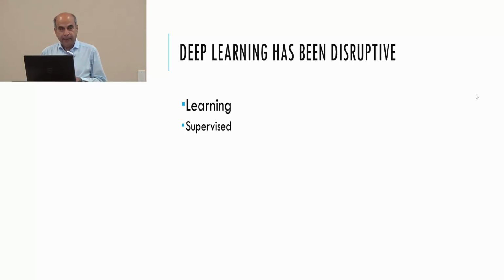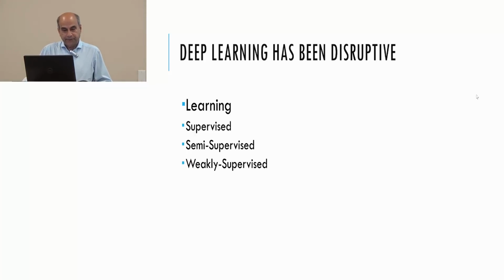And learning can be done in a supervised manner, where you have the ground truth which you want the system to predict, or semi-supervised, where you have part of the ground truth, you don't have all, and then weakly supervised, where you have the labels at a weak level, like you just have a point, not complete annotations, and unsupervised, where you don't have any supervision, and that's the hardest part, and that's probably the most active area.